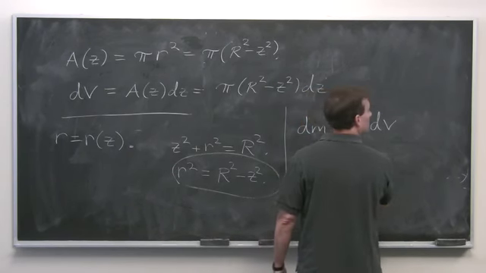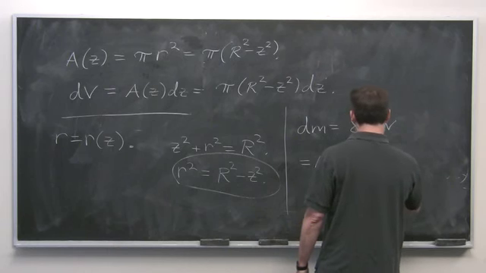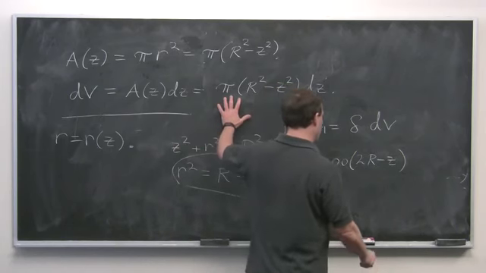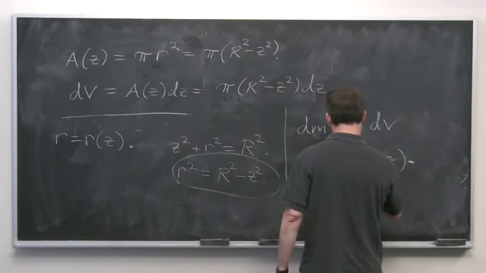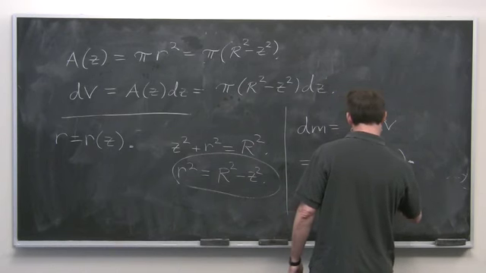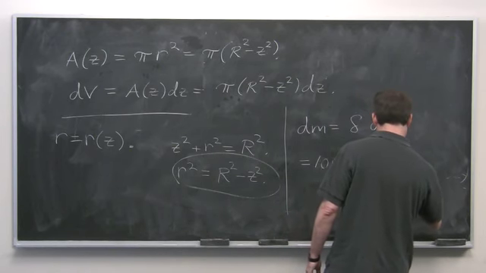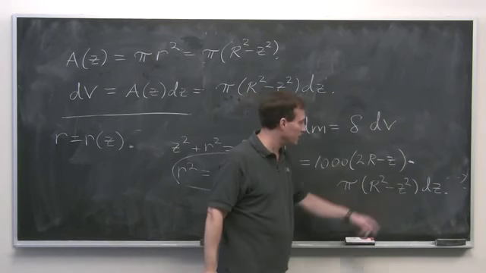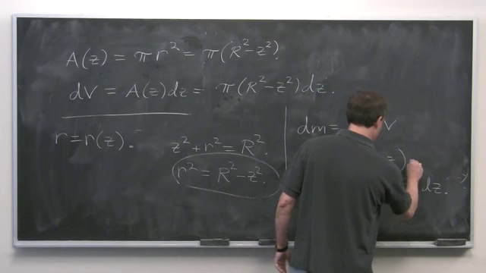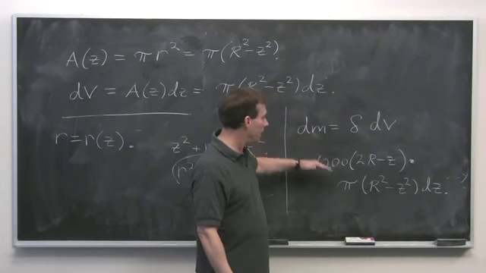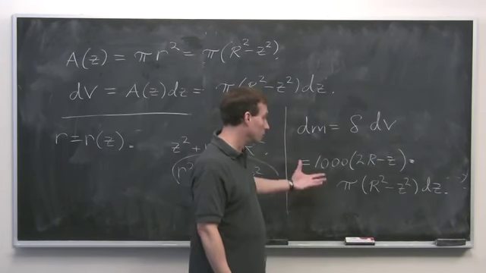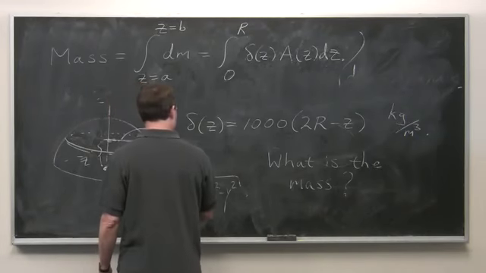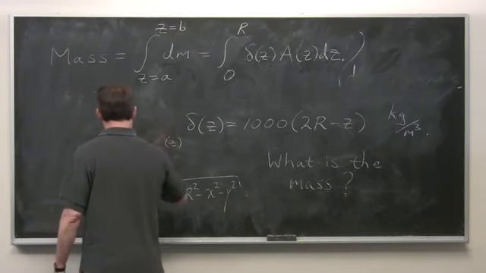It's 1,000 times (2R minus z) times dV, but we put in that dV is this, so we get times pi times (R squared minus z squared) dz. And then we want to add up all of these as z goes from 0 to R. So we integrate. This won't be too bad. It's not particularly attractive, but it's not so bad.